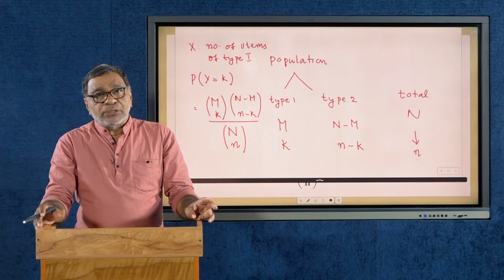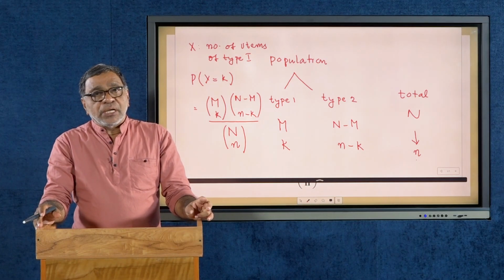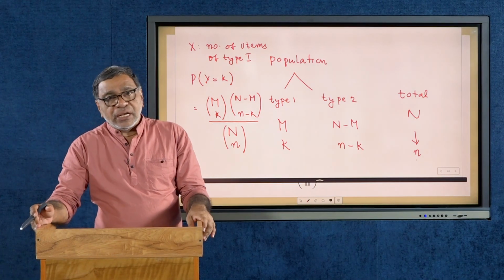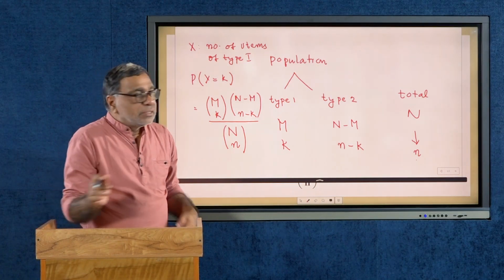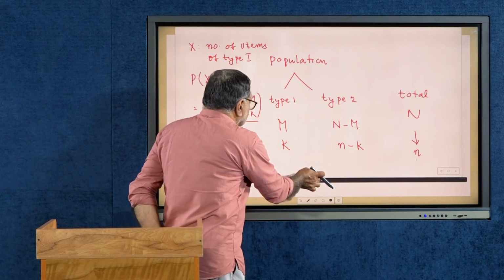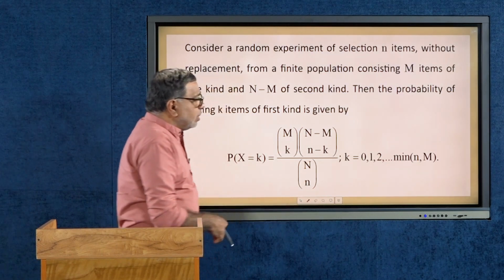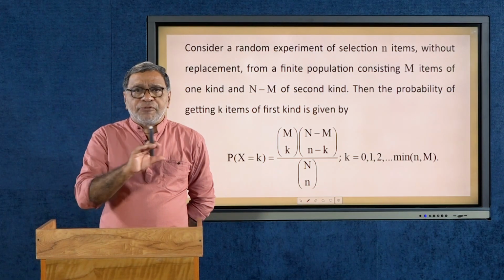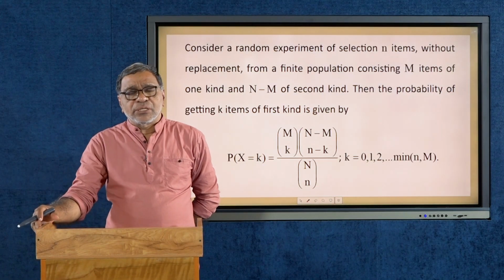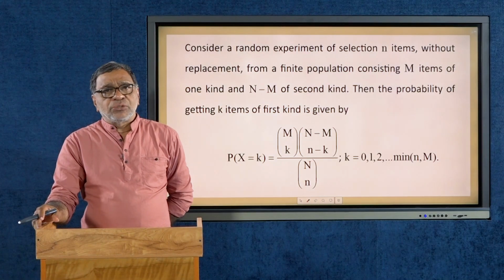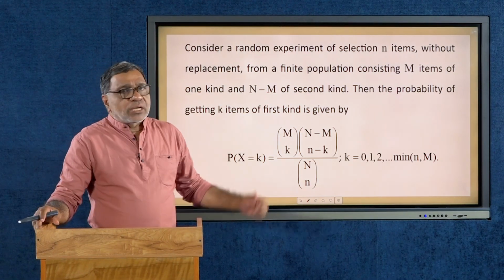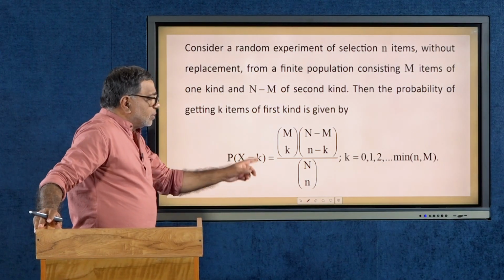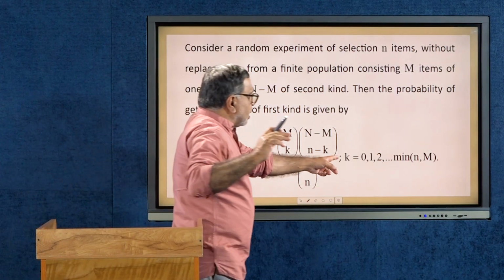That probability is obtained by M C k times N minus M C n minus k divided by N C n. So this is the probability value obtained using the usual definition of probability. Favorable cases divided by total cases is the definition we are using to find the probability.